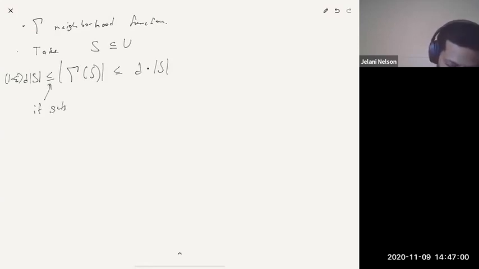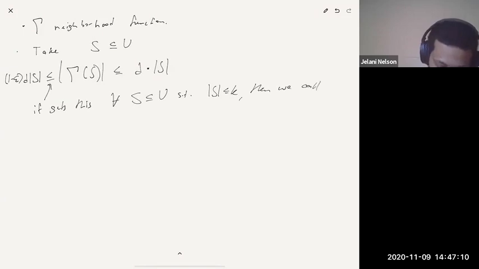if it gets this for all subsets S of U such that the size of S is at most K, then we call G, let's call it, a (K, epsilon, D) expander.